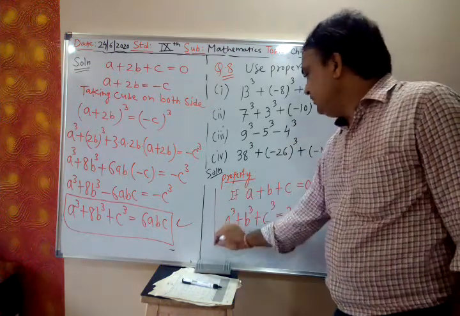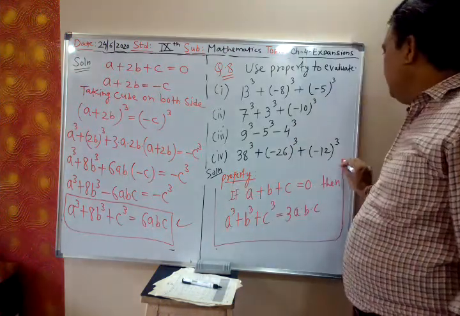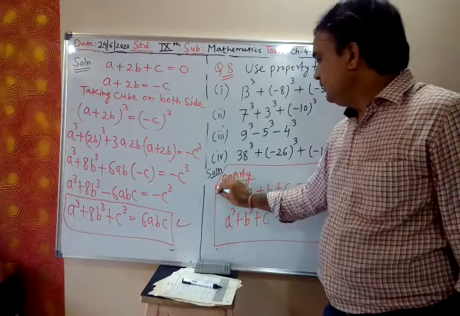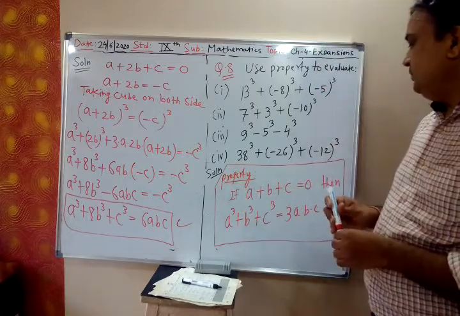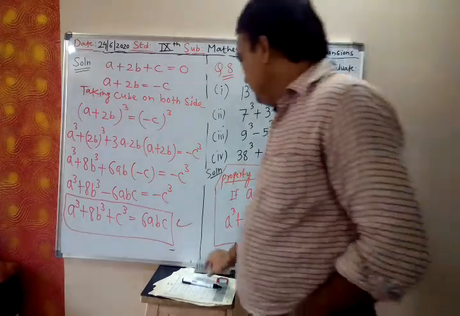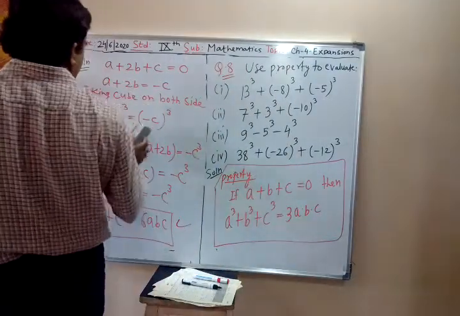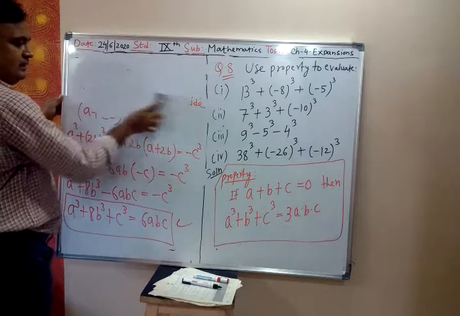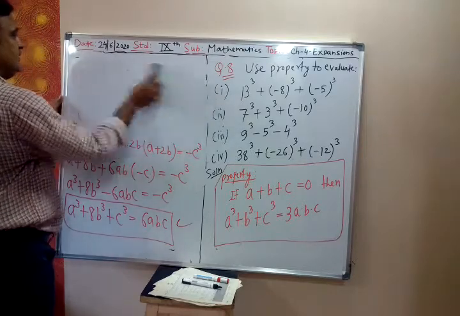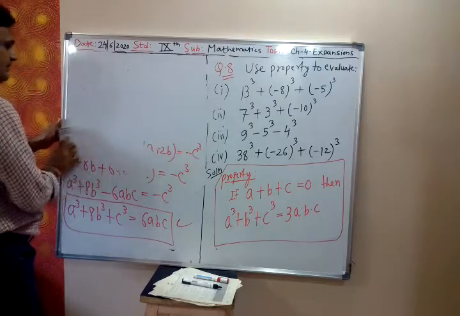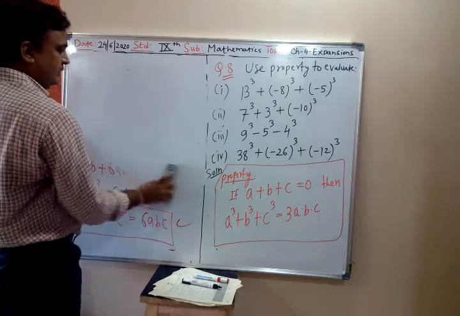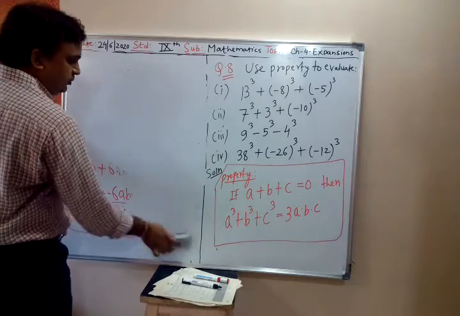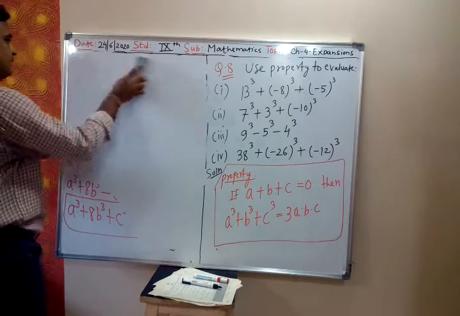If a plus b plus c is 0, then a cube plus b cube plus c cube is 3 times abc.